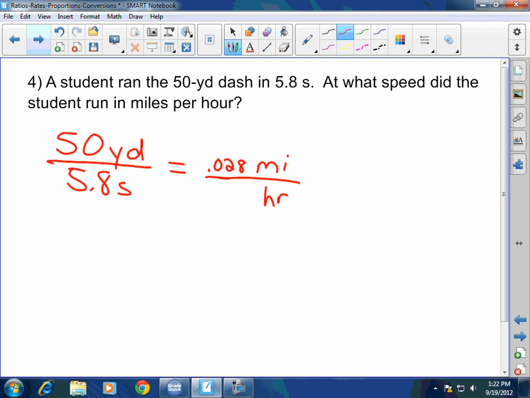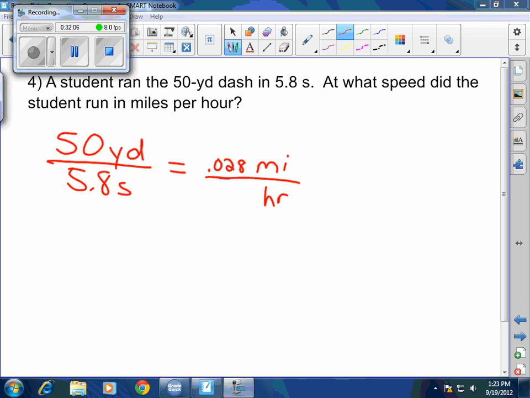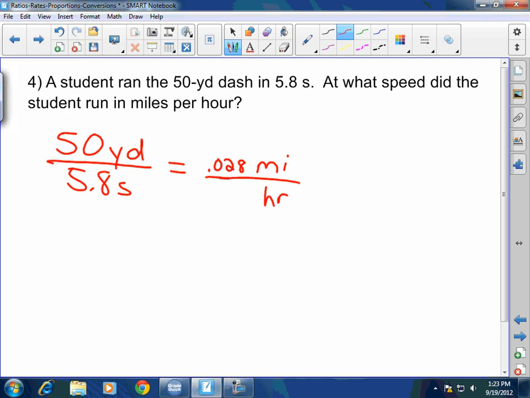Now, how many seconds are in an hour? Okay. So, how many seconds in an hour? No, that's how many minutes in an hour, my brothers. It's 3,600, okay? There's 3,600 seconds in an hour. So I'm going seconds to hours. Is that small to large or large to small? Small to large, I'm going from seconds to hours.